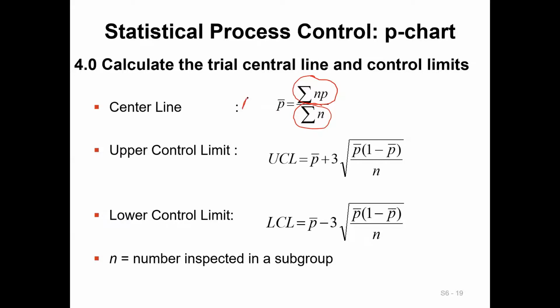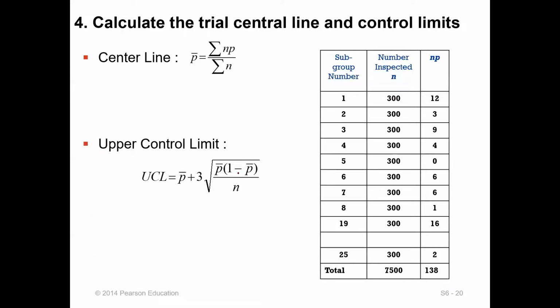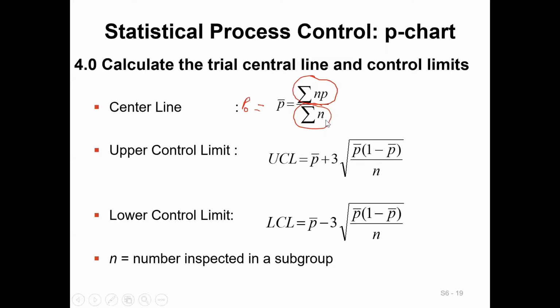P bar is sometimes called P0 in certain books. So P bar is the total number of defective items divided by the total number of samples that you inspected. Then how about the upper control limit? Once you have P bar, the calculation of the upper control limit and lower control limit is very straightforward.